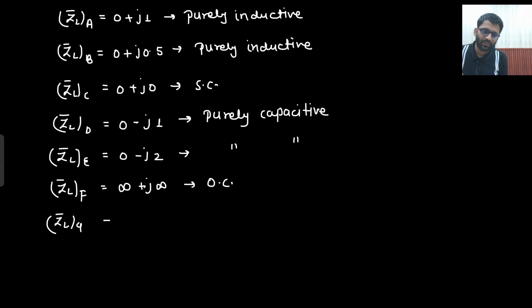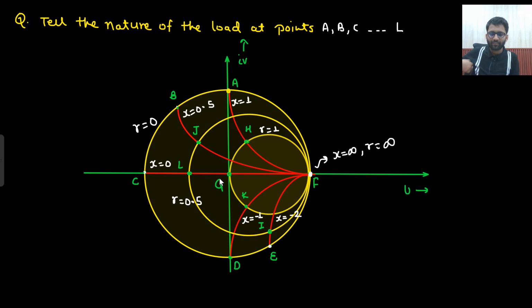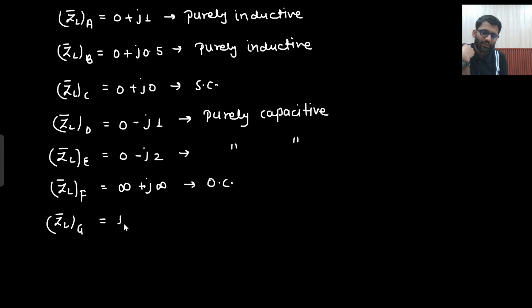E, F, G. What about G? On G, which two circles are cutting? R equals 1, right? And X equals 0. So R equals 1 and X equals 0.